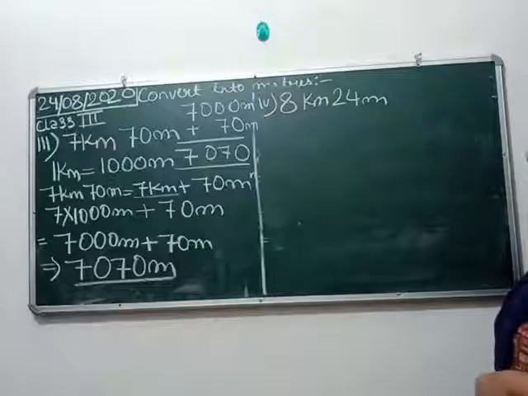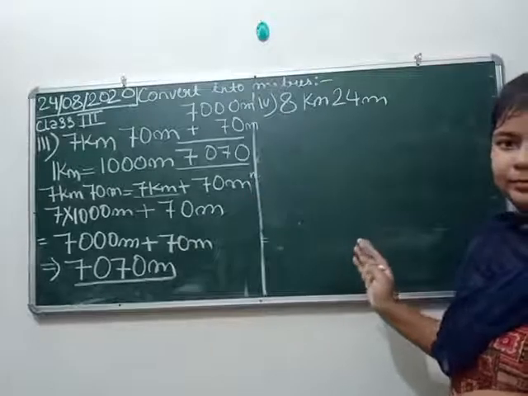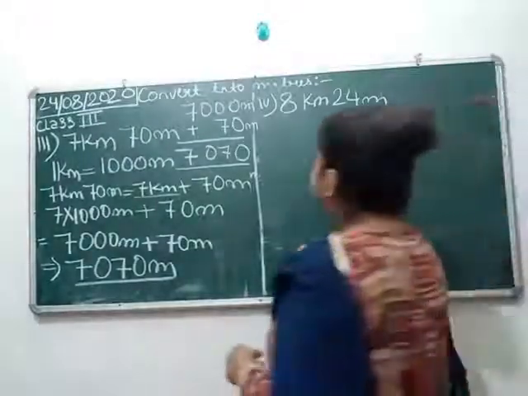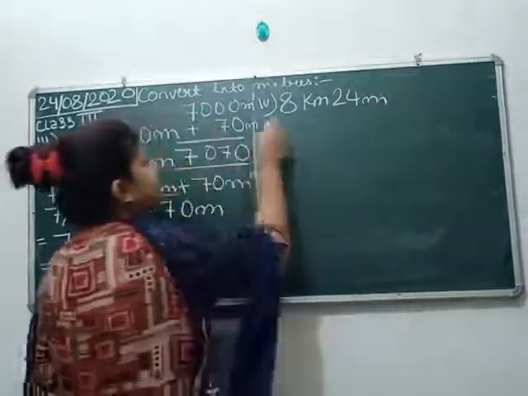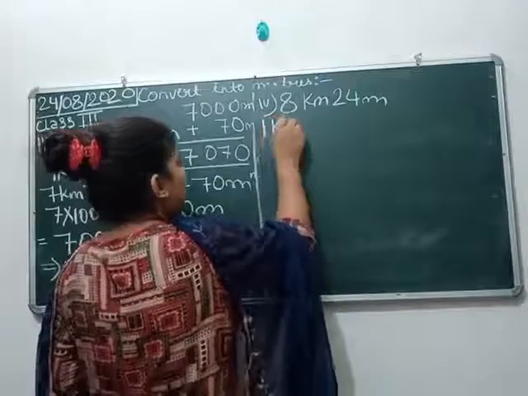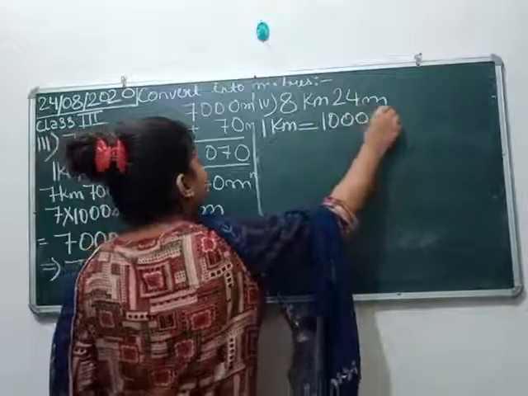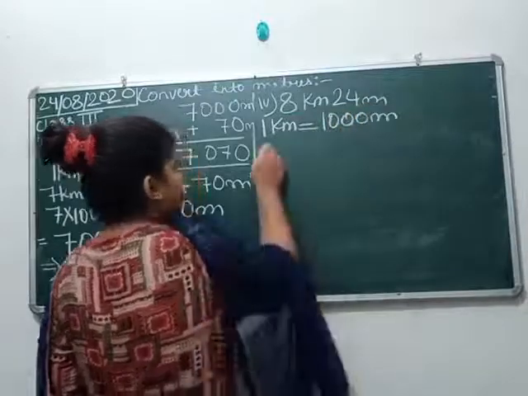Here we are having 8 kilometer, 24 meter. See, process will be same. Okay. Now, 1 kilometer is equals to 1000 meter.